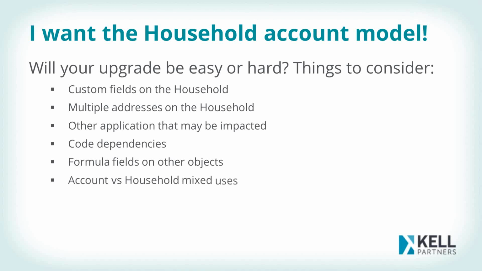So, how account versus household mixed uses. This was what I was talking about before, where the current common model is to have the contact's account be the one-to-one if you count it as a household, and have it be the organization if you count it as an organization contact. It's the way we've configured it. That was the accepted best practice. Now, because of all the reasons I said, and I was resistant because this was a big change, but now I've come to embrace it and agree that it's best practice.